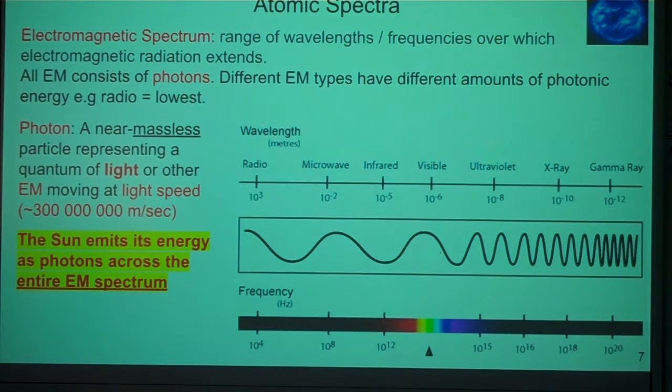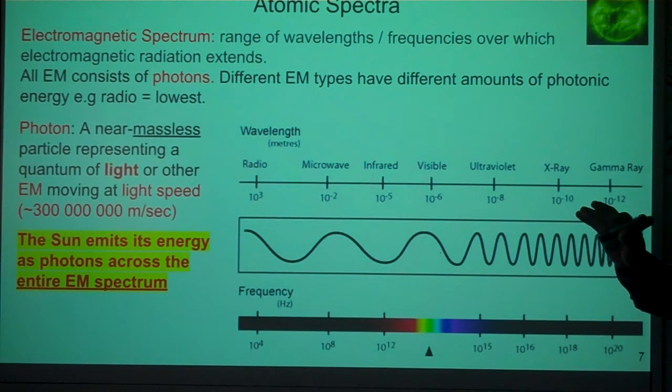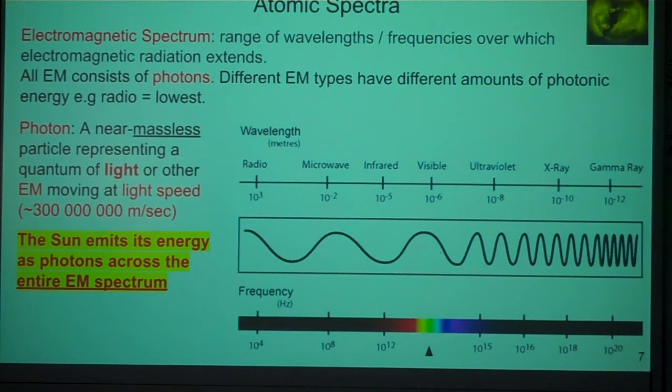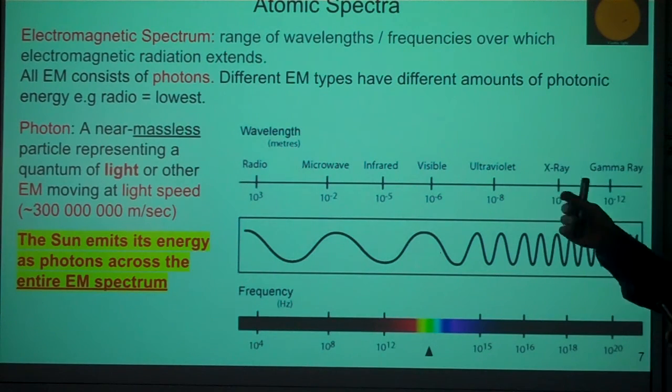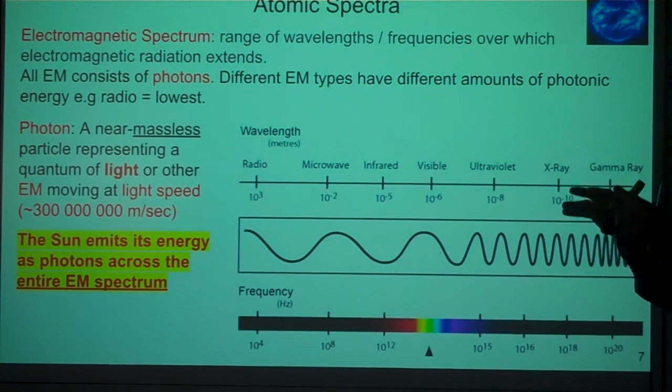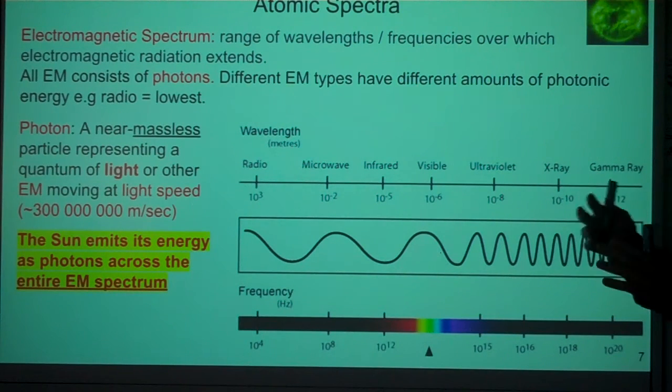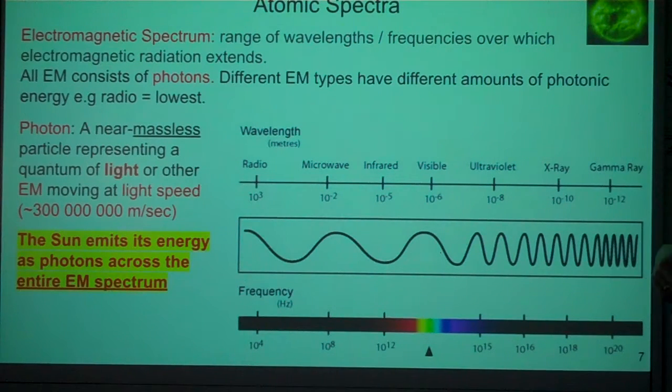Now, you don't need to take notes particularly on this, although you do need to take note of that bottom point there. Electromagnetic spectra, range of wavelengths and frequencies over which EM radiation extends. You've got this in your notes already. I always use the same slides, and I just bring them through so that it's better in terms of revision.